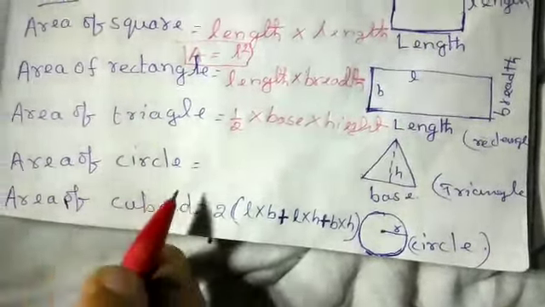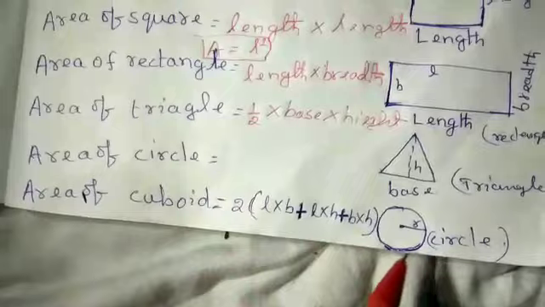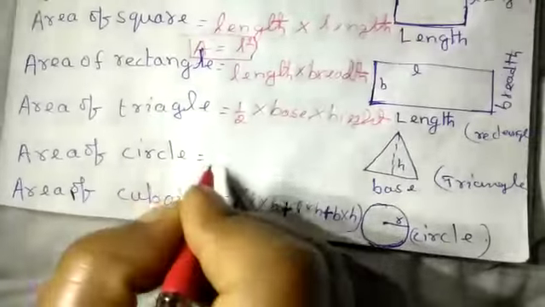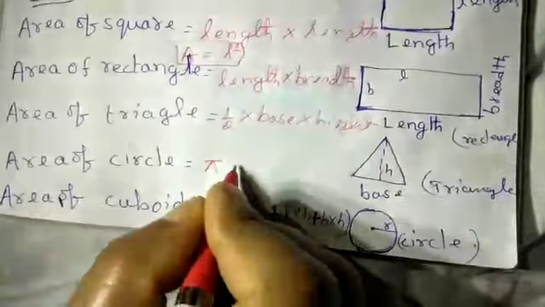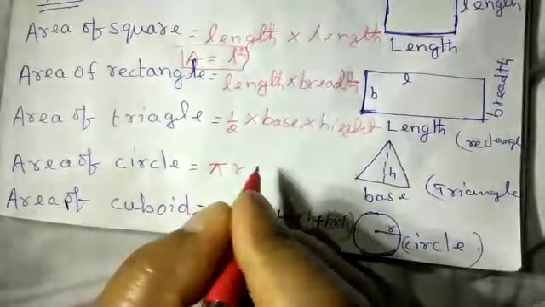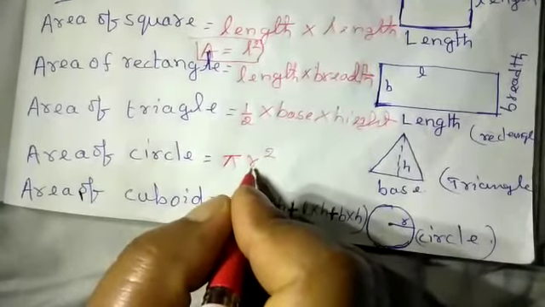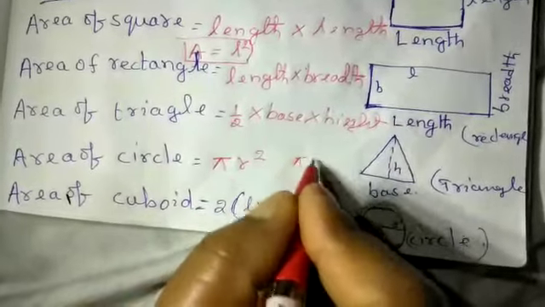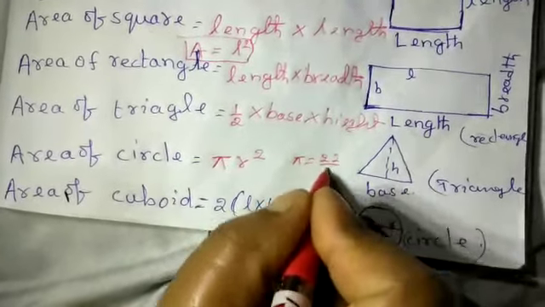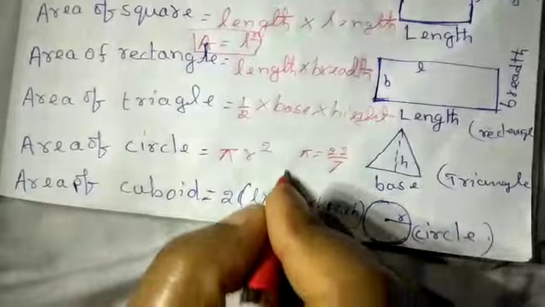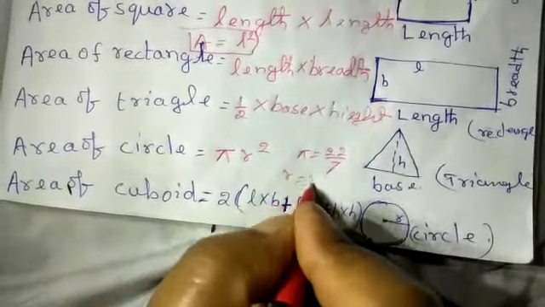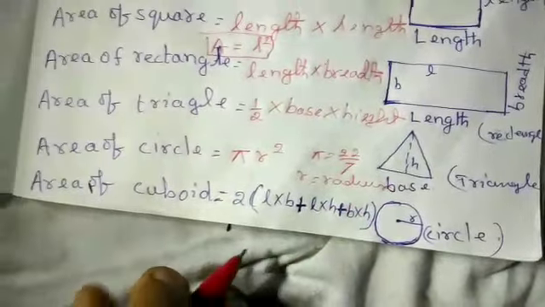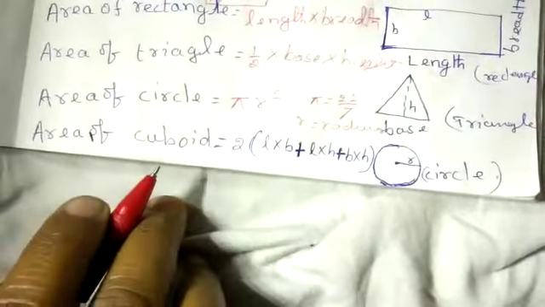Now the area of a circle. A circle has a radius. So the area of a circle equals pi r square, where r is the radius and pi equals 22/7. Then the area of a cuboid.